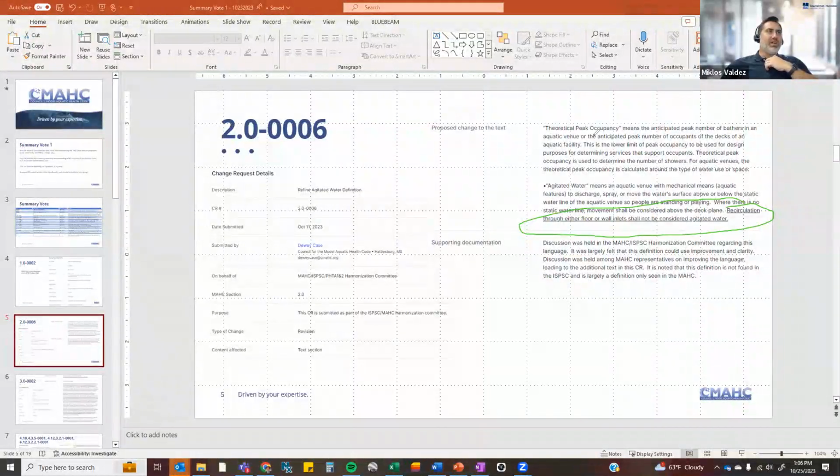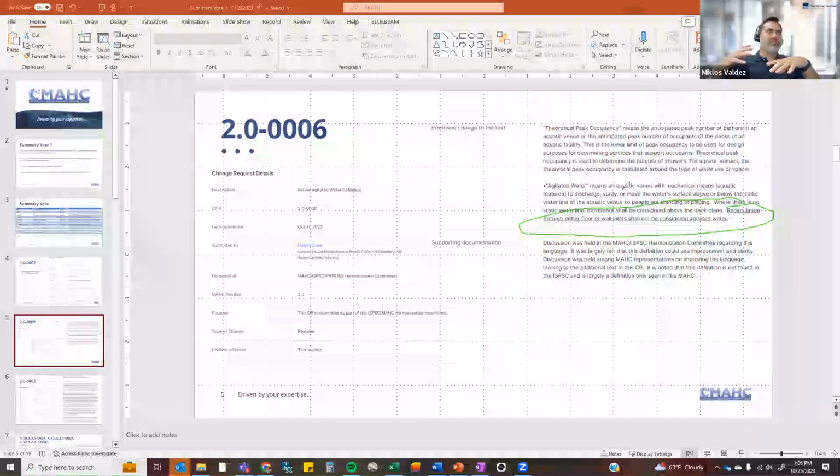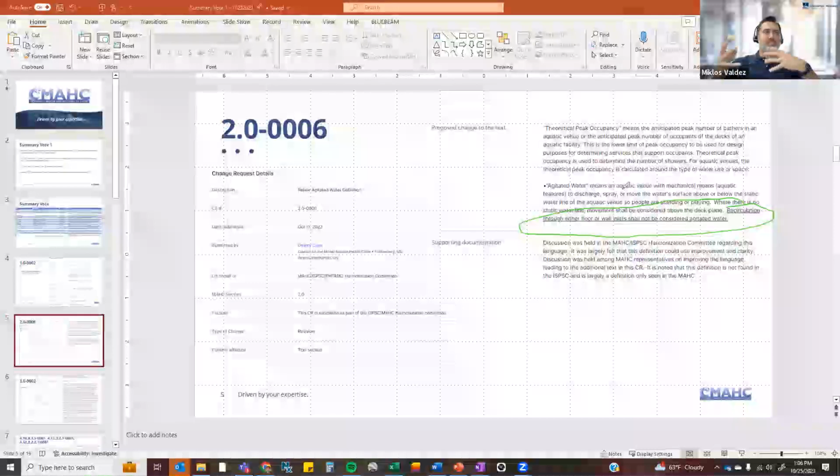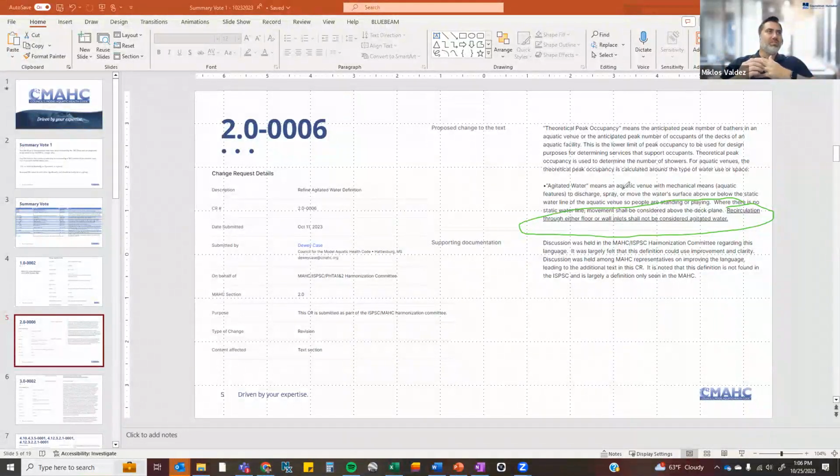Under the theoretical peak occupancy, agitated water is really anywhere where water's being disturbed through some kind of discharge, like a spray feature, where people are recreating. It's not necessarily just the floor or wall inlets. Any issues with that one? All right.